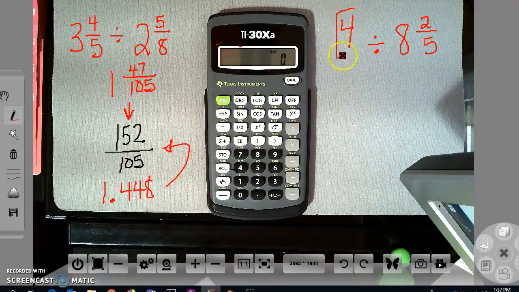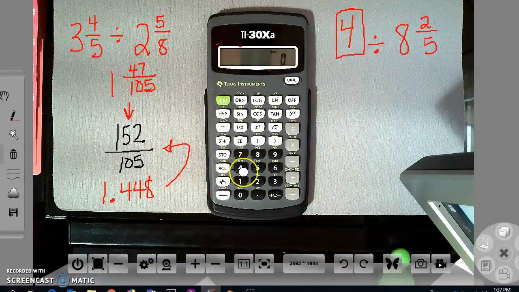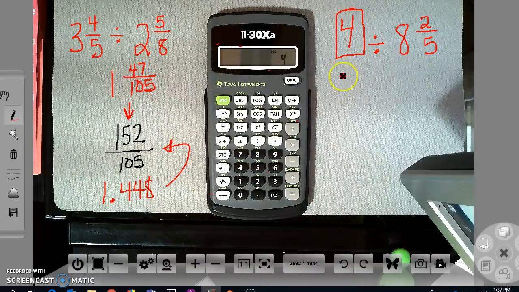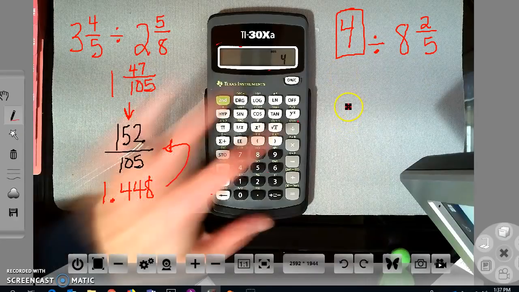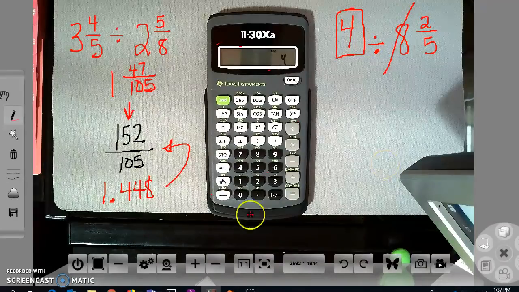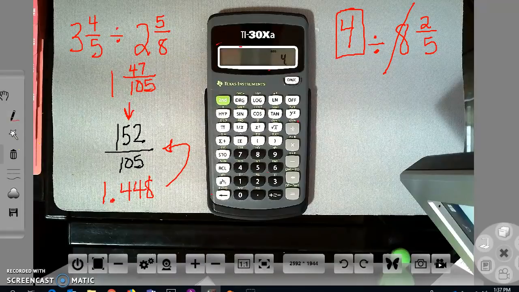Since 4 is a whole number, I only need to press the number 4. I do not need to make it into a fraction. The calculator reads it. So all I'm going to do is press the number 4 in. I'm going to press the division button.